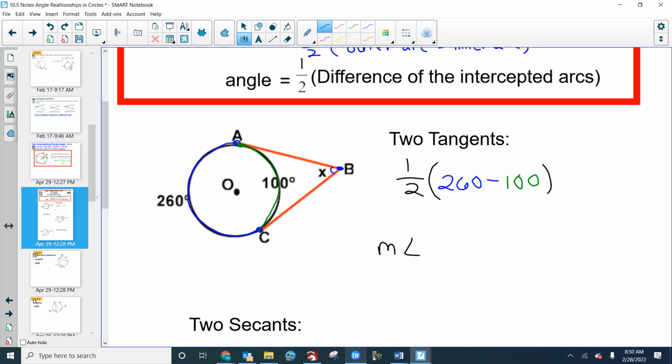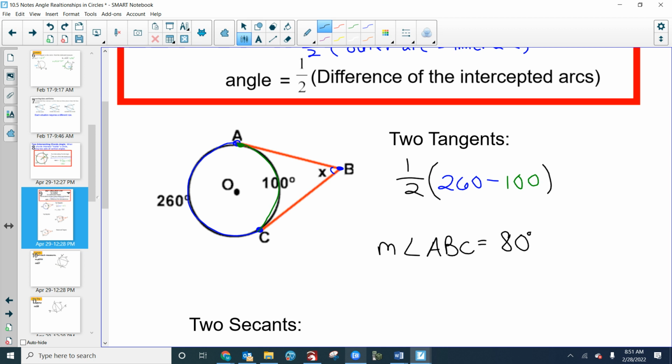The measure of angle ABC. We said 80, right? If you have 2 tangents, the outer arc and the inner arc should always add up to 360, right?